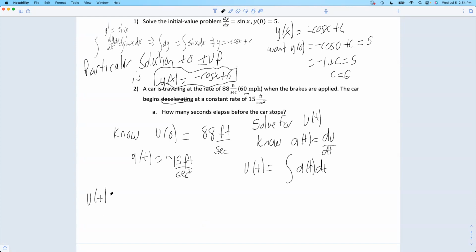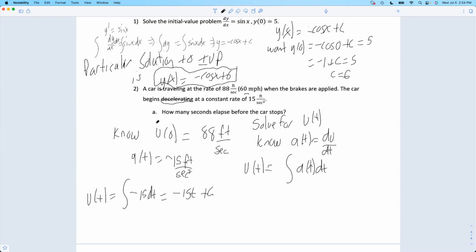So v of t will be the antiderivative of negative 15 dt. You'll never write an integral without writing a differential here. The antiderivative of a constant, you just pick up your variable. What's my variable in this case? T plus c. Don't forget your plus c.